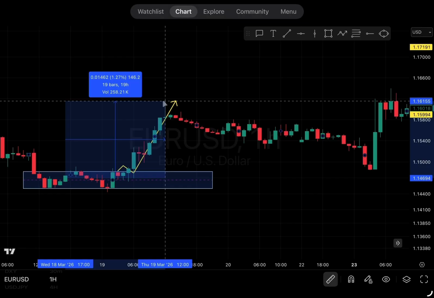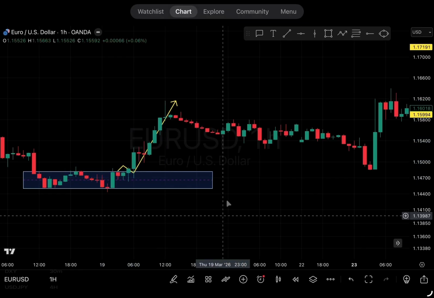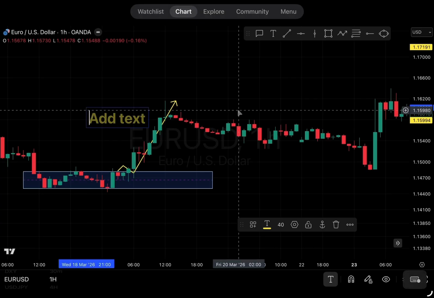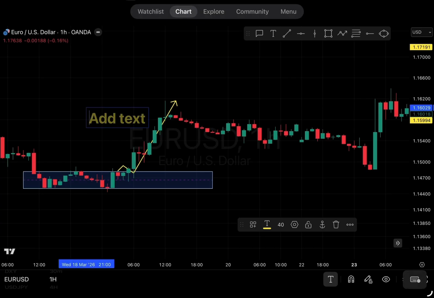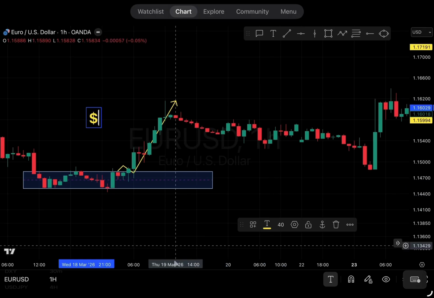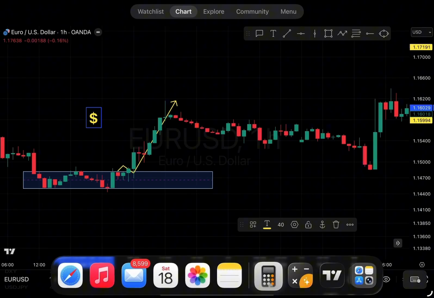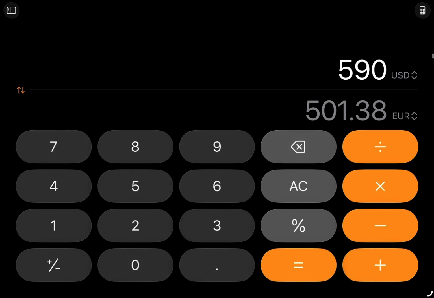And we reached 146 pips. So how much is that in dollar amount? Let's go over to our calculator. And this is information I'm getting from the measurement tool, guys. I wouldn't know how much we're getting if it wasn't for the measuring tool.